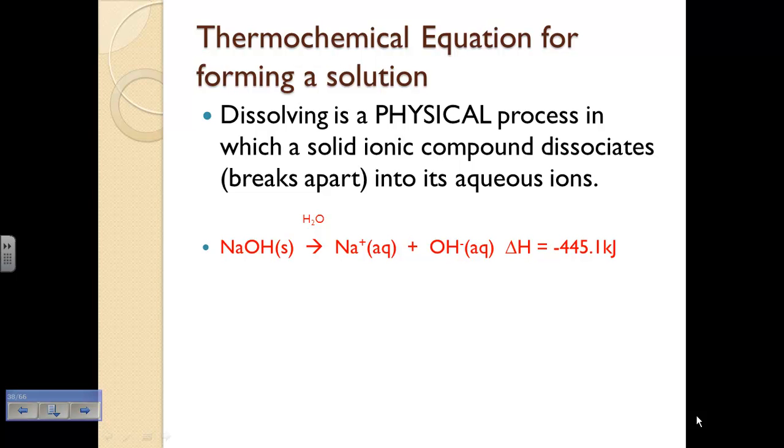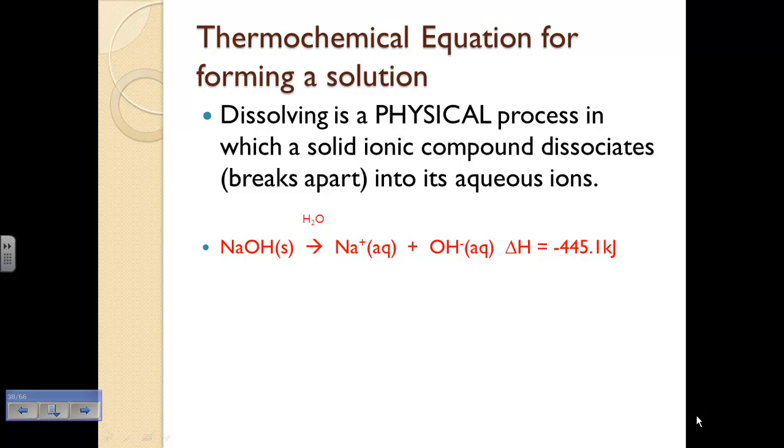This would get warm to our touch. The thermometer would rise, negative 445.1 kilojoules. So when I write a thermochemical equation for a dissolving process, it's as easy as starting with the solid compound and breaking apart into the ions. Those are two products, Na plus and OH negative.